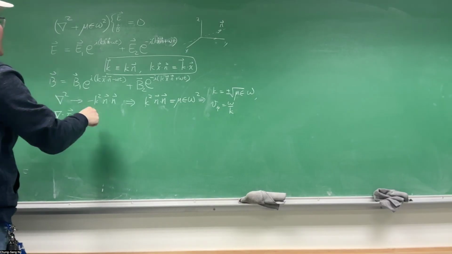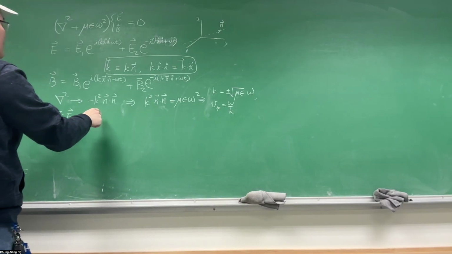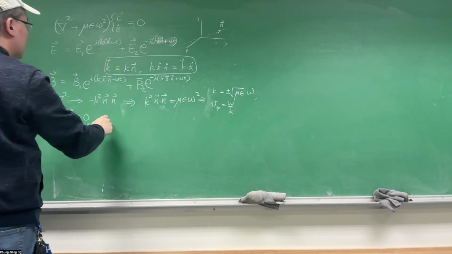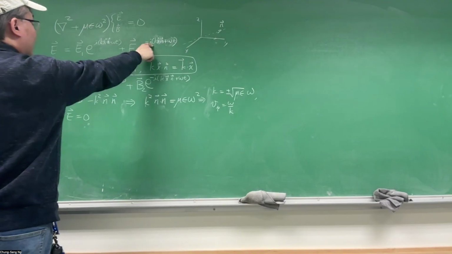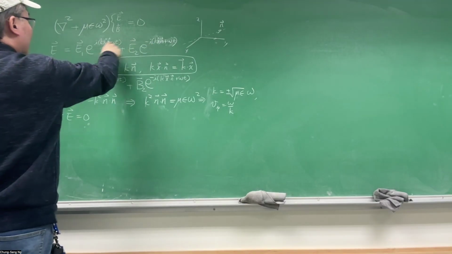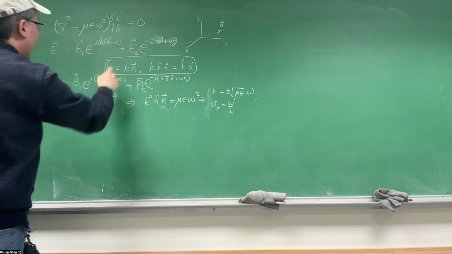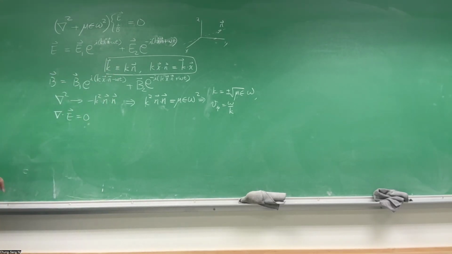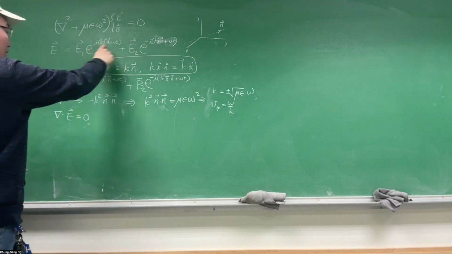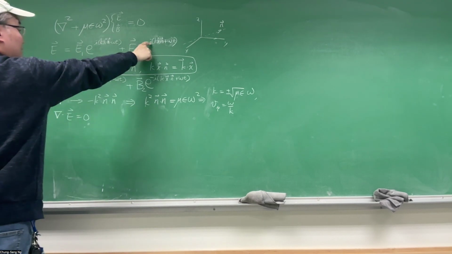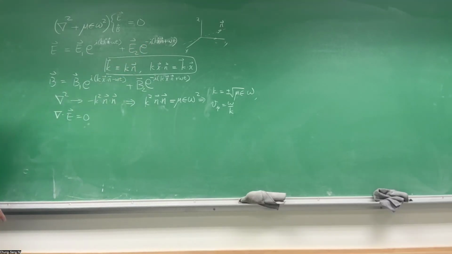Obviously, you can work on term by term. It's because they don't have the same sign, right? If you work on one term, we pull out an ik n dot into the E for this term. This one will pull a minus ik because there's a minus sign here.